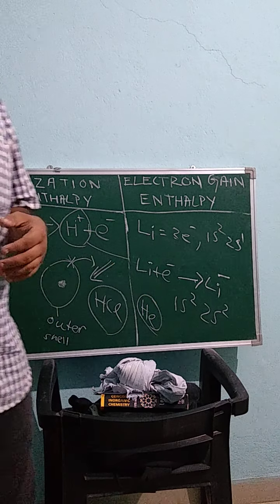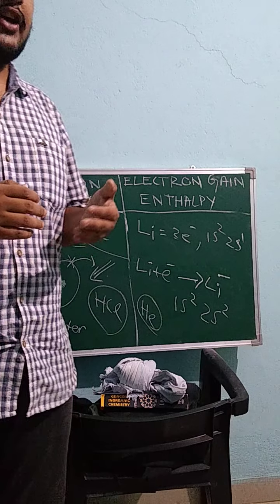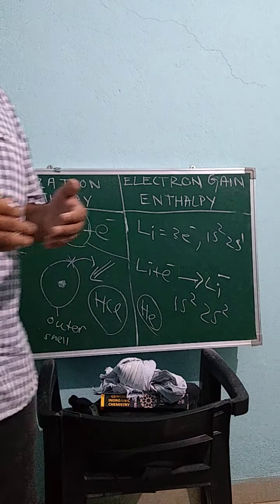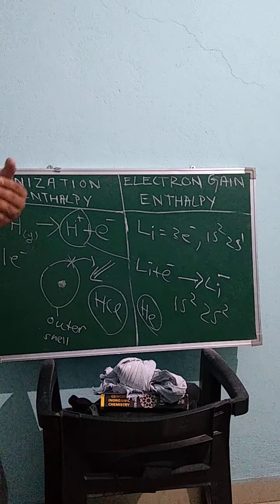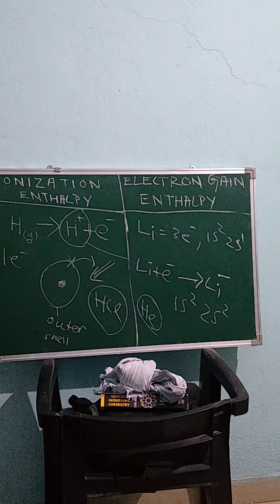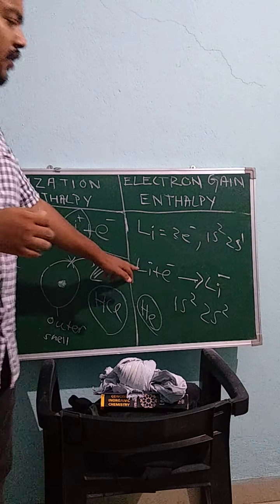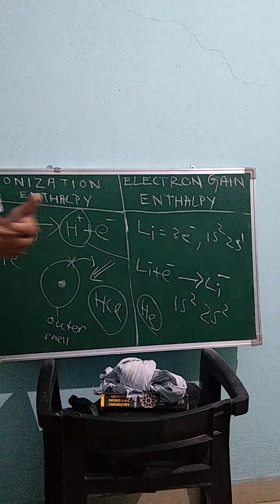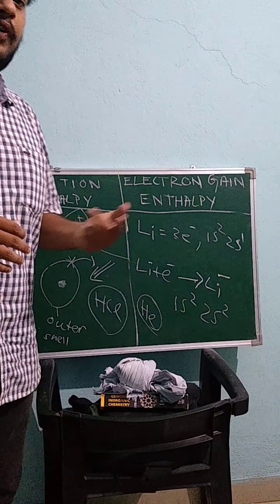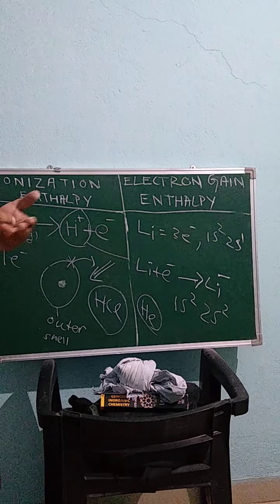Lithium atom wants to lose 1 electron, but we are actually giving 1 electron. So we are forcing the lithium to gain 1 electron, means we have to give some energy to complete the process. So this is an example of endothermic reaction in electron gain enthalpy. So you have seen 2 examples, one of exothermic and one of endothermic.